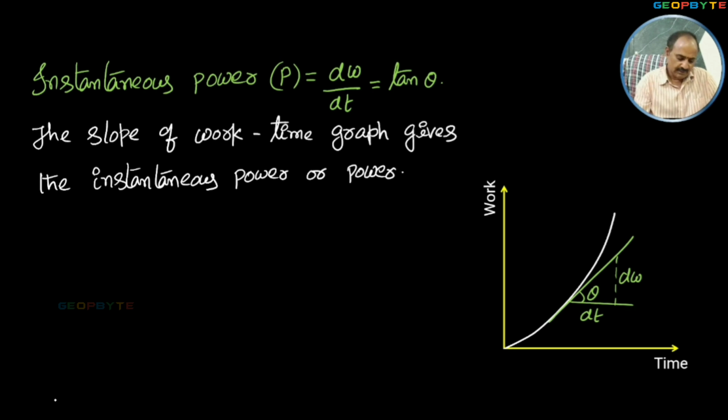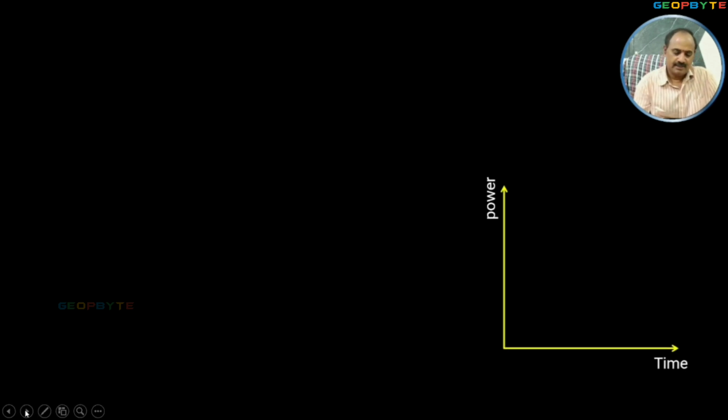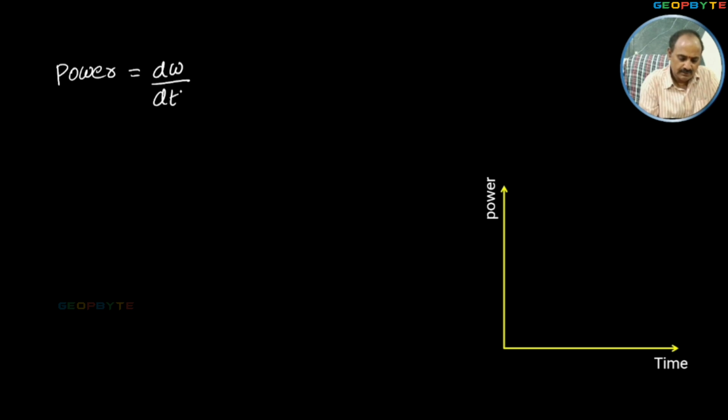Similarly, if you take the power versus time, as you know, the power equals dw by dt. From this, work equals power multiplied by the time taken.